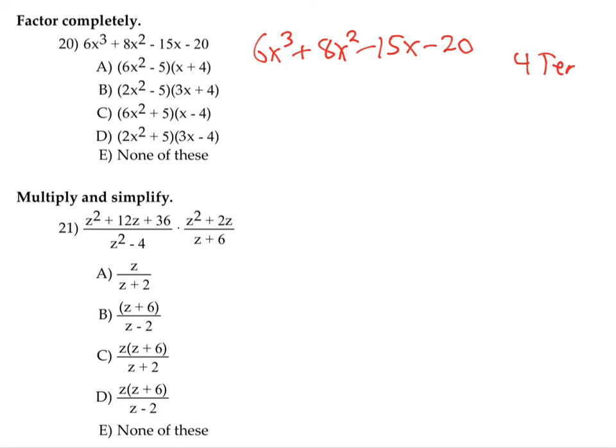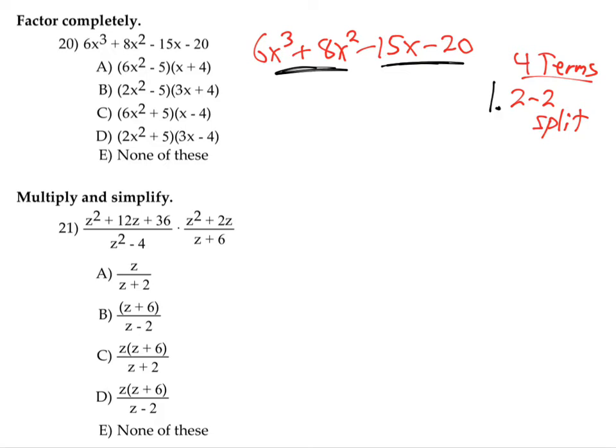How do we deal with 4 terms? Remember what we do? Same thing we've been on. 2-2 split. Remember, you do the first 2 and the last 2. Separate groups. First 2, last 2. You factor just the first 2. You factor just the last 2. So take out what's in common from just those first 2.